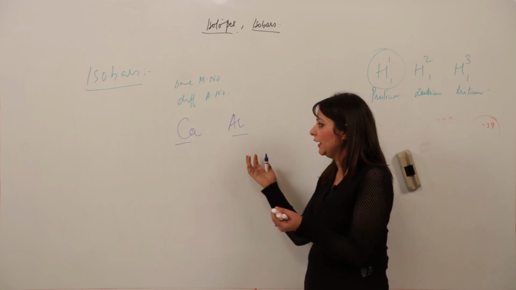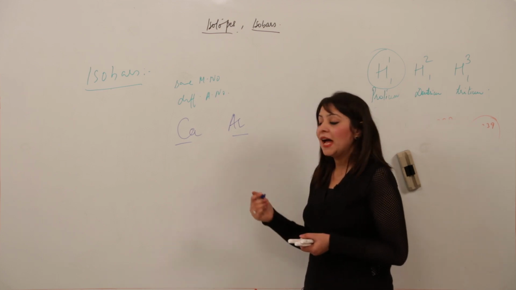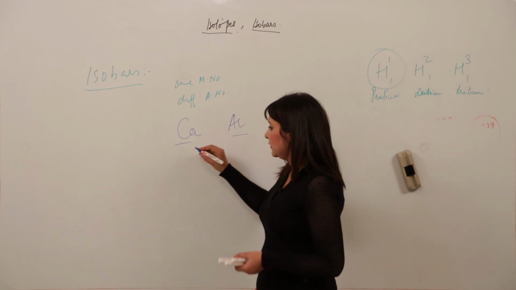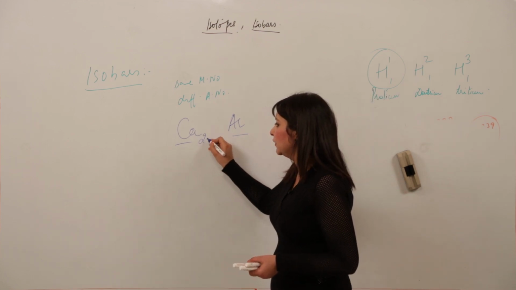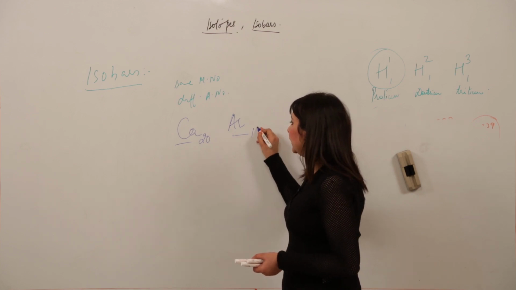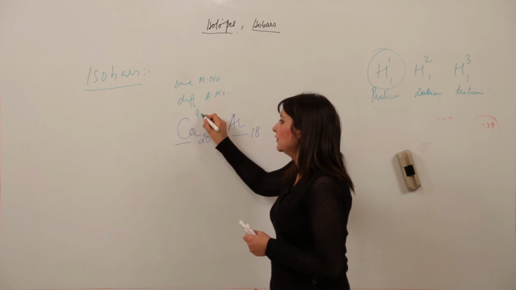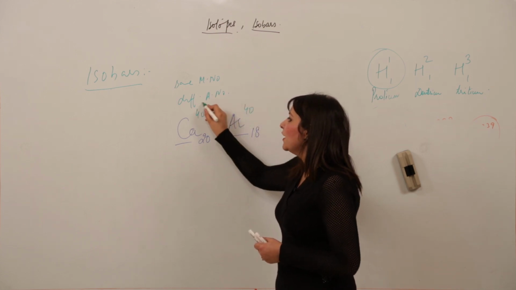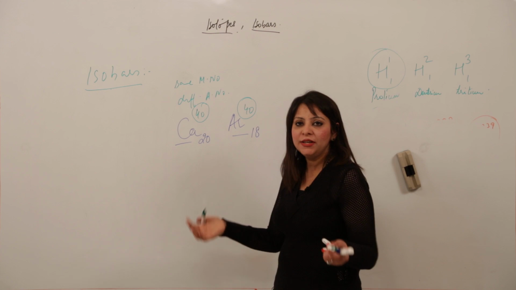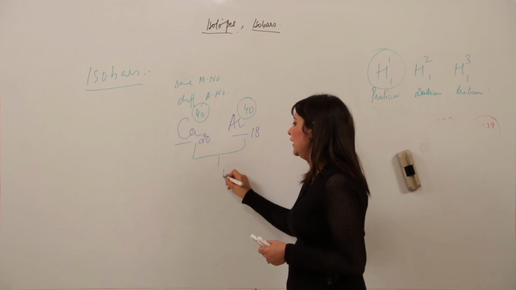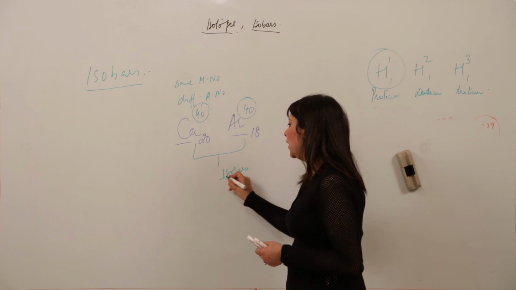So how can they be similar? But still, the atoms exhibit a certain kind of similarity. The atomic number for calcium is 20, you all know, and for argon it is 18. But the mass number is the same. So when atoms of different elements have the same mass number, they are called isobars.